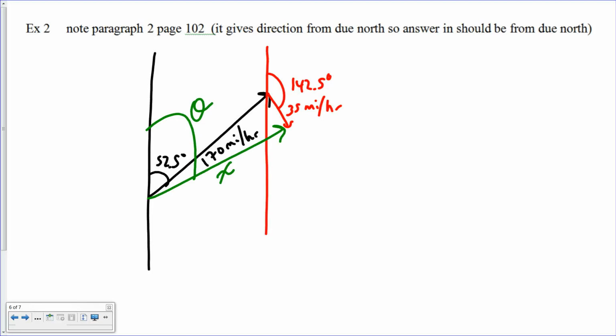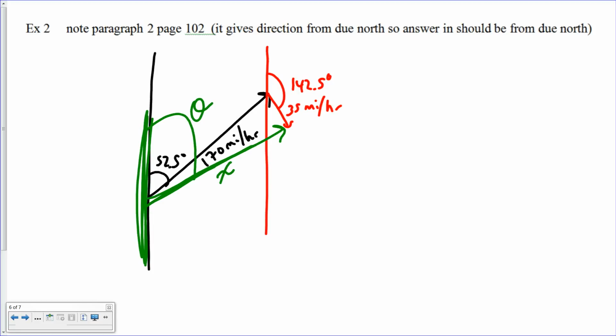Keep in mind your initial north-south line and your finishing vector. That's the angle that you want to concentrate on and not get distracted by the other information.